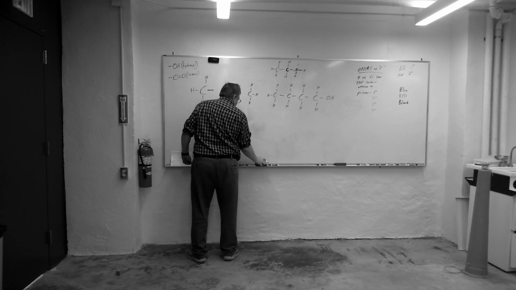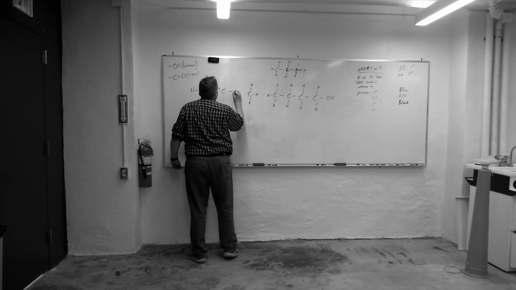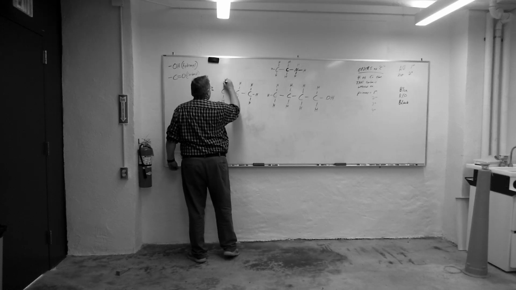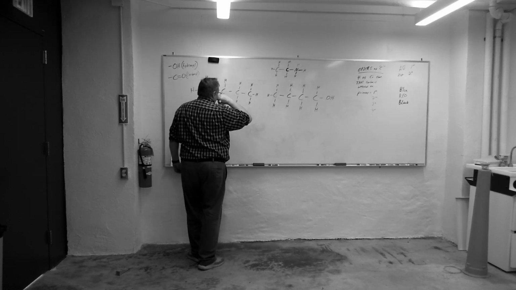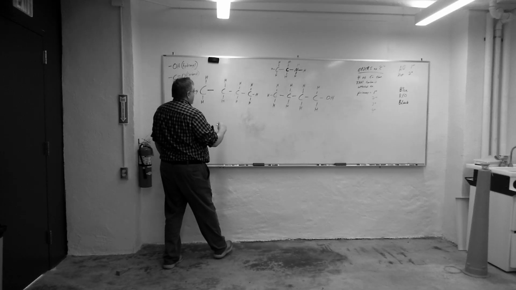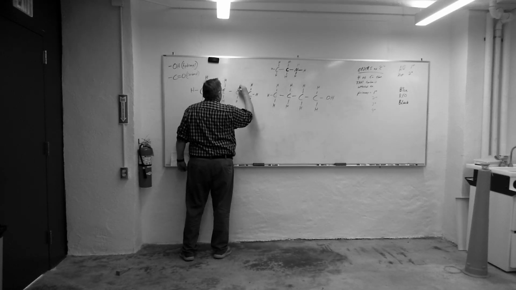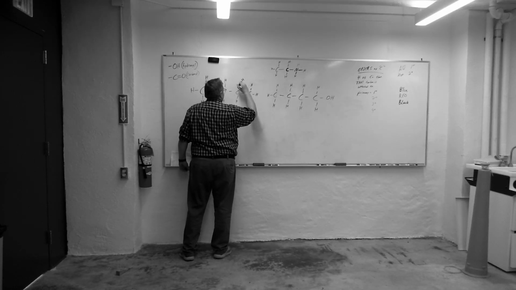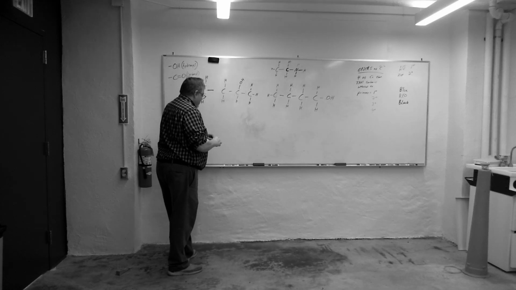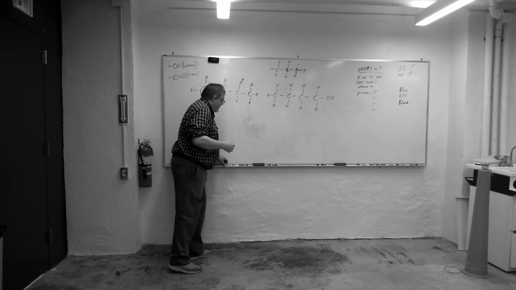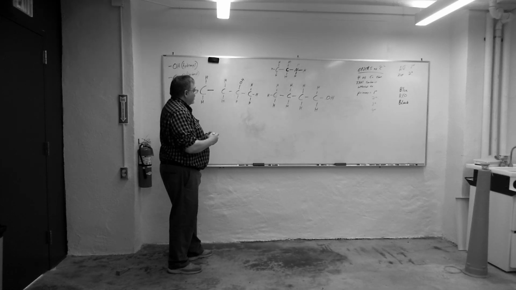Two carbons in there, I guess. Carbon. All right. Now with OH here. And now what I'm going to tell you is there are primary, secondary, and tertiary alcohols as well.